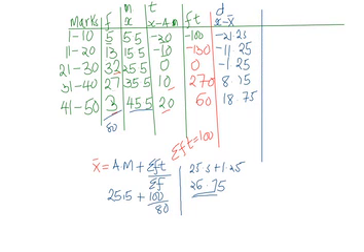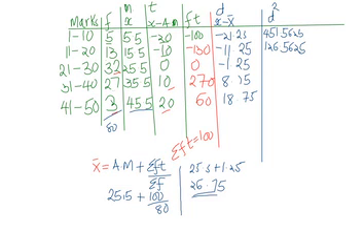In the next column, we'll be taking the deviation squared, so d squared. Negative 21.25 squared is 451.5625. Next we have negative 11.25 squared, which is 126.5625.